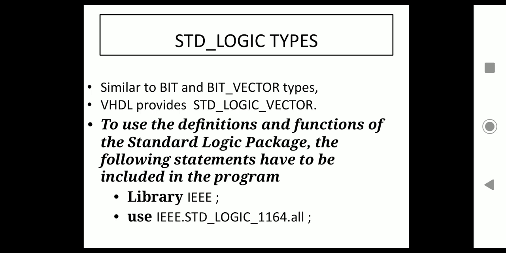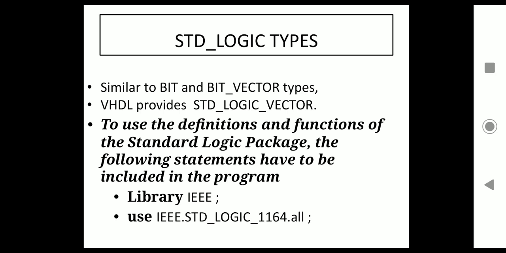So if you want to use standard libraries including bit vector or the 9 valued logic, the predefined VHDL data types that we have already discussed, all this information is gathered and stored in this standard package. So before you start to write any VHDL program, you have to define this standard package, that means std_logic_1164.all.